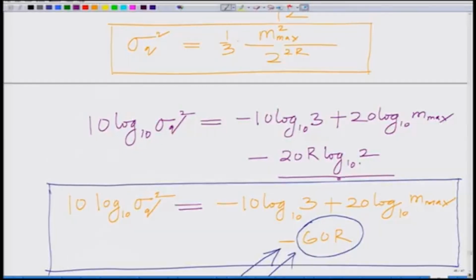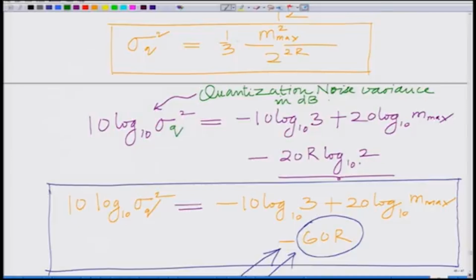Now, let us look at the quantization noise variance in dB, that is 10 log 10 sigma q square, which we have said equals minus 10 log to the base 10 3 plus 20 log to the base 10 m max minus 20 r.